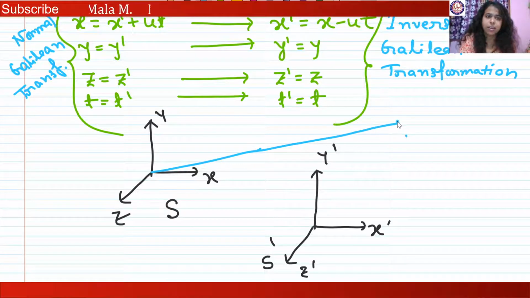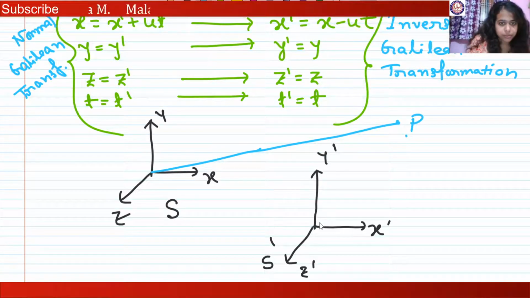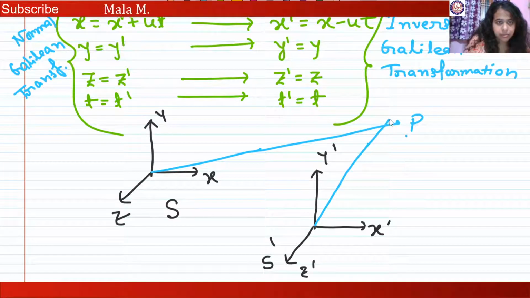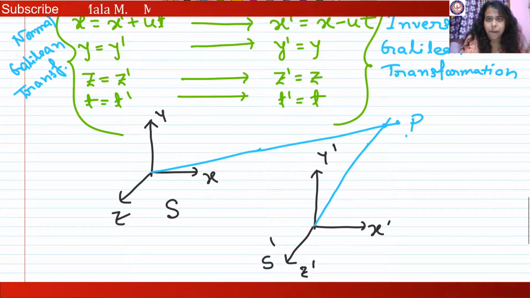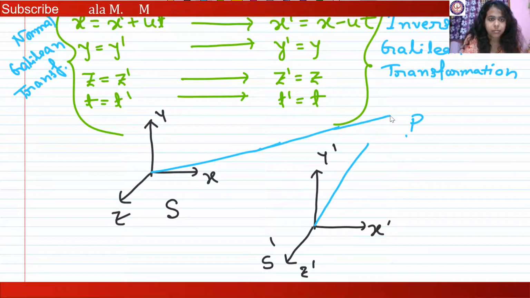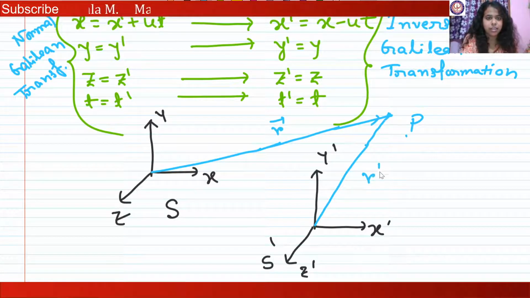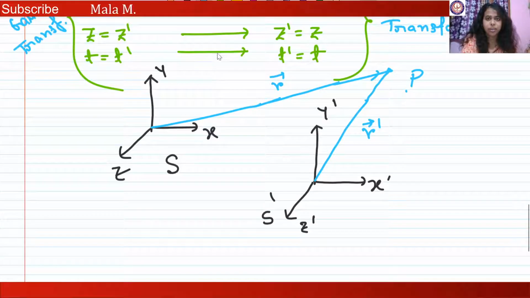So similarly as previous, this is our point P. This is our r vector. This is our r prime vector. Now the velocity is only different here. So what is the velocity of the frame, which is basically u?